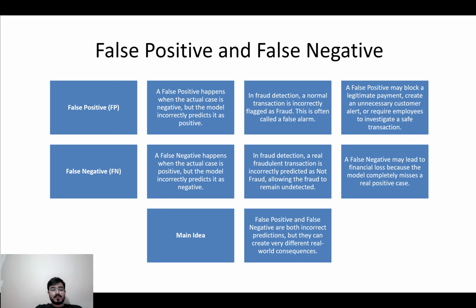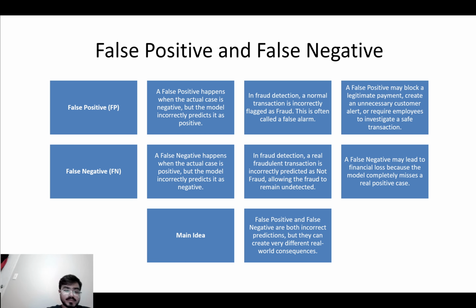Although both false positives and false negatives are prediction errors, their impacts can be very different depending on the application. In some systems, reducing false alarms is more important, while in others, detecting every positive case becomes the highest priority.